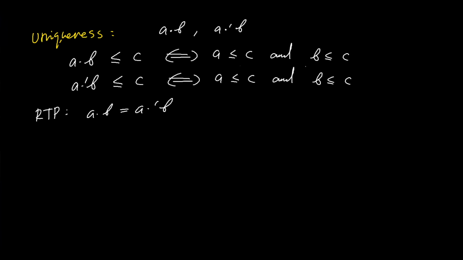Remember, these two equivalences are true for all C. So if they're true for every single value of C, we could basically start choosing some specific values of C and get a lot of different consequences based on that. And so what do you think should be our first try? Which value of C should we pick at the first try to do something useful?